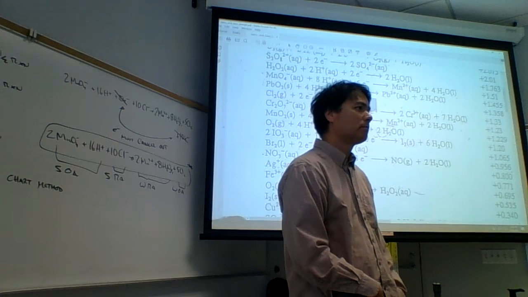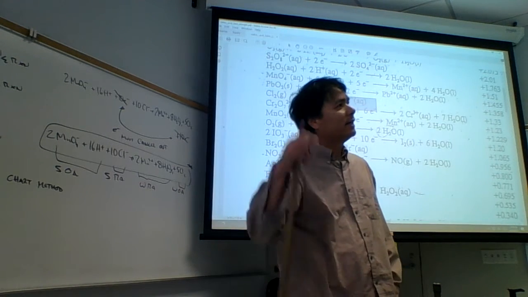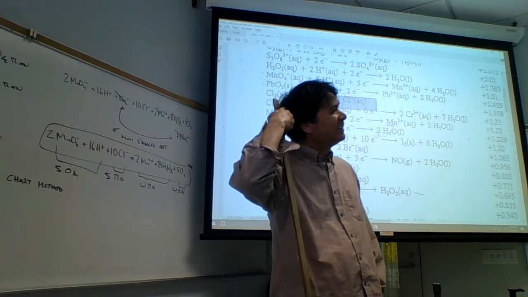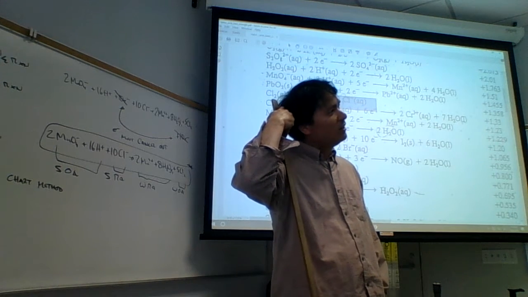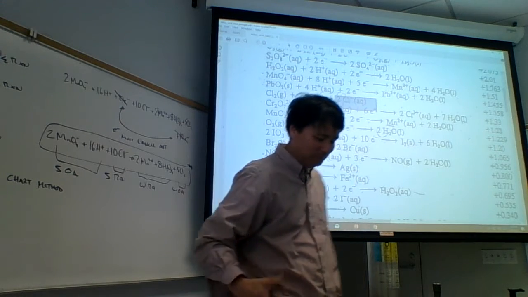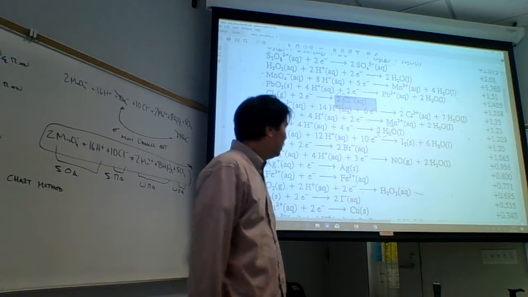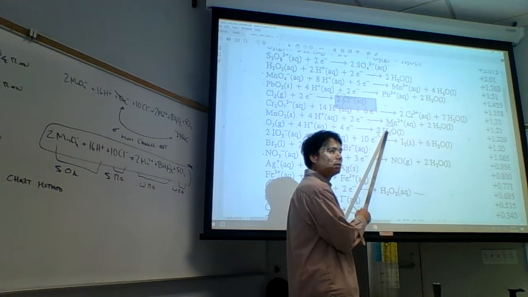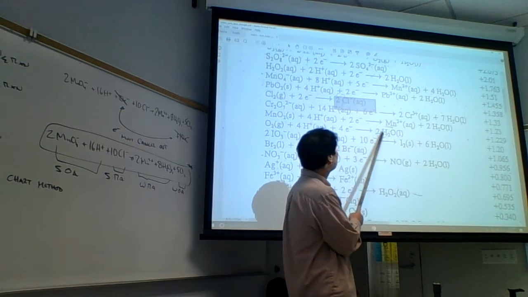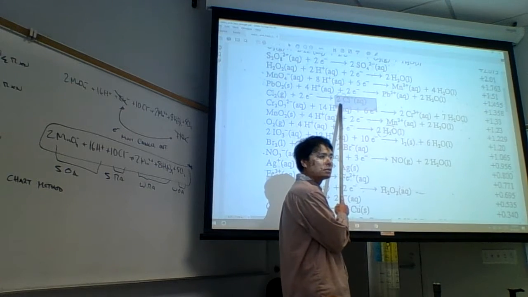Anyway, this is the cheapest one to oxidize. This one is a little bit more expensive to oxidize.